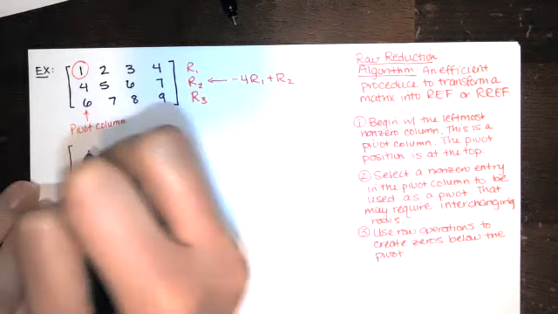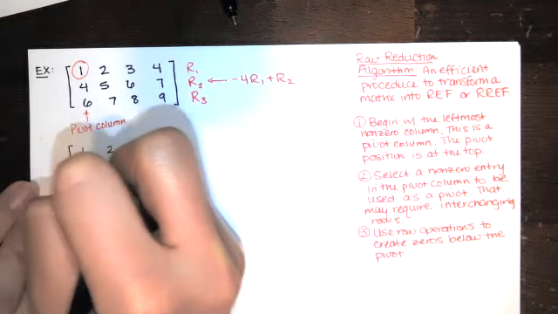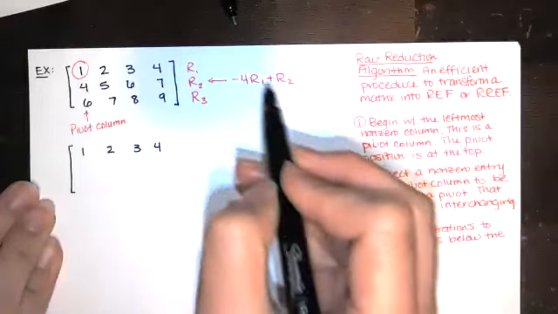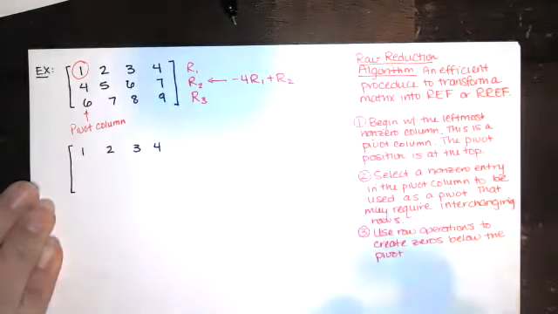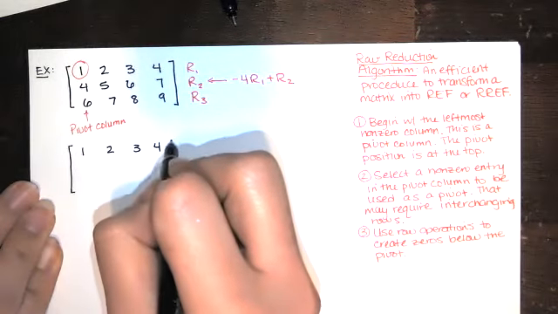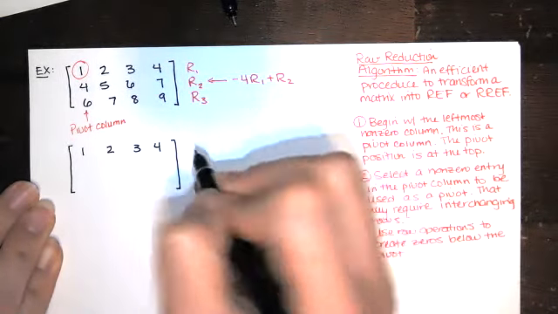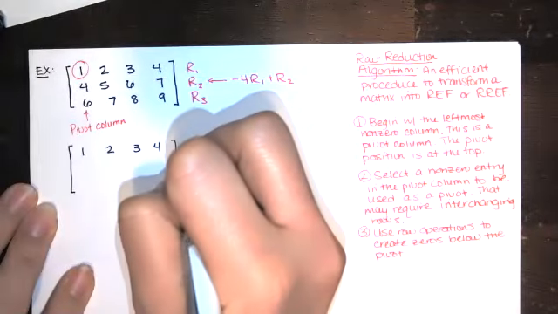Now, if you want, you can work this out on paper. Like you can do -4 times this row and then list row 2 and then add them together. I'm not going to do that. I'm just going to do the arithmetic in my head. I'm going to leave row 1 alone.